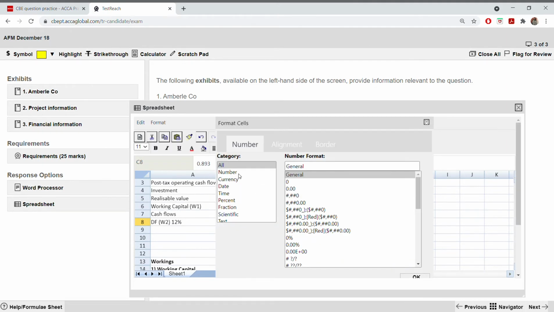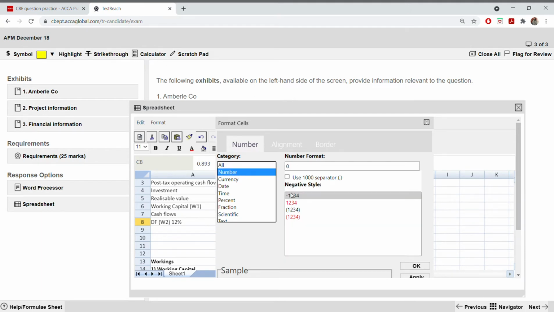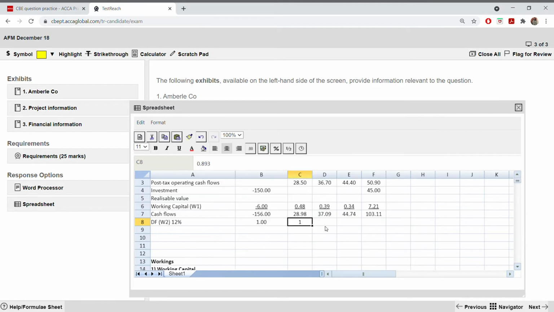Why is it not working? What's the next number? 0.797. Everything is taking as 1. So there is an issue with all this.